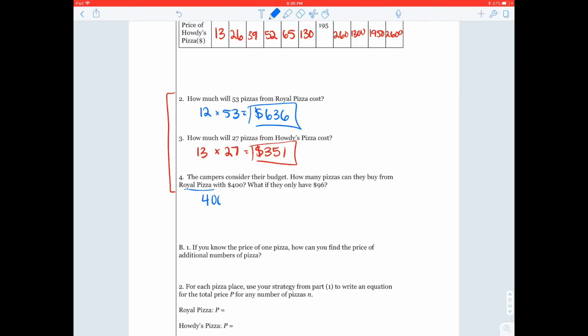So we should take 400 and divide it by the cost of one pizza. 400 divided by the cost gives me however many pizzas I can buy. So this gives me the number 33.3 repeating. But let's make this realistic and say, with $400, I can really only buy 33 whole pizzas.